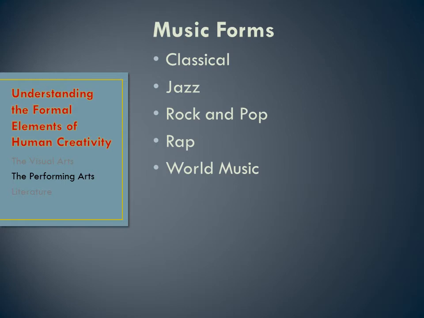For example, there is Renaissance and medieval music, which comes from the 1400s and the 1500s and even earlier. Baroque music, B-A-R-O-Q-U-E, is music that comes from the late 1500s into the 1600s, early 1700s.